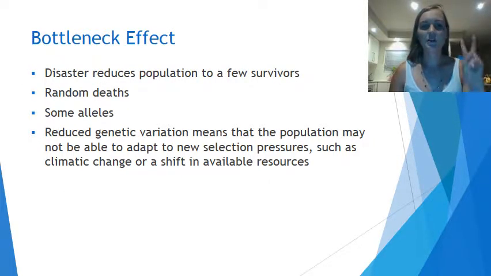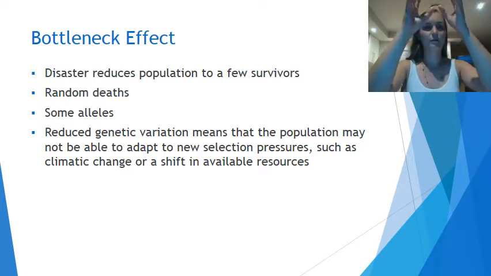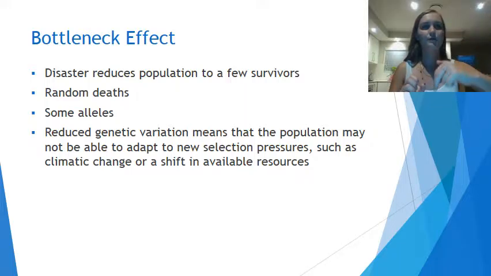All right, number 2, the bottleneck effect. Now, this in essence is where a disaster occurs. It causes a lot of the population to die off, and only a few survivors will carry the surviving alleles. Now, if you can imagine a bottle filled up with marbles, and only a few marbles can escape through the neck of the bottle. That's essentially the bottleneck effect.